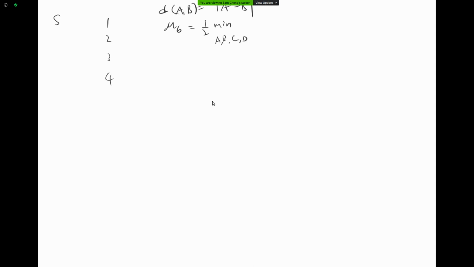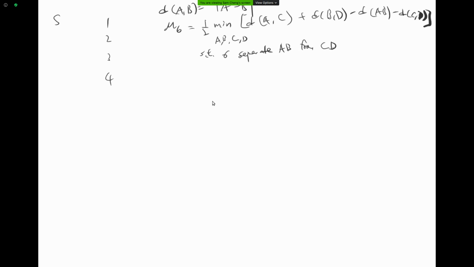And then I define the mu mix sigma again as 1/2 the minimum over ABCD such that sigma separates AB from CD, and this will be d AC plus d BD minus d AB minus d CD.